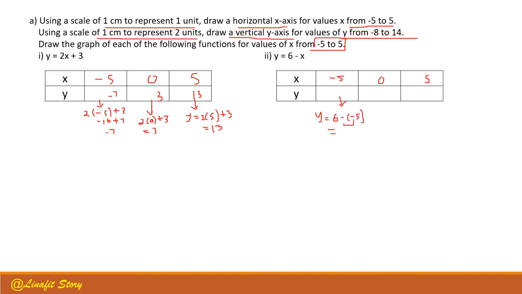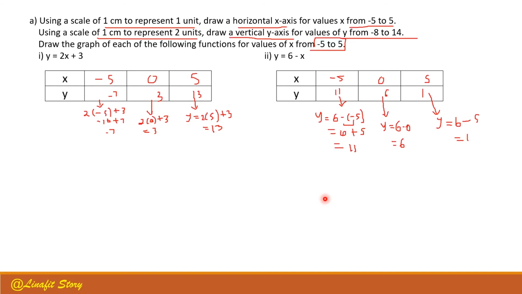So 6 plus 5 is equal to 11. When x is 0, y is 6 minus 0, which is 6. When x is 5, y is 6 minus 5, which is 1.